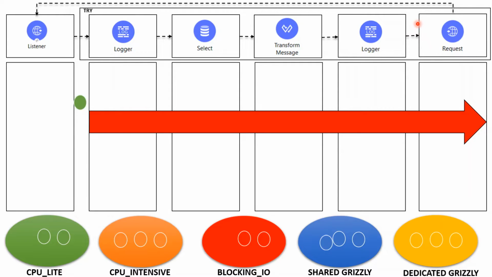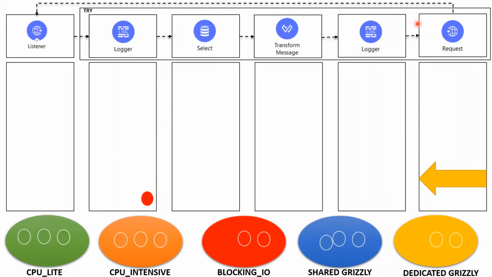So here this won't be handled by the blocking, but it will use a dedicated Grizzly, and then the response, when it is sent back, is taken care of by the CPU light from the HTTP listener. So this is about a try block which has a transactional behavior.